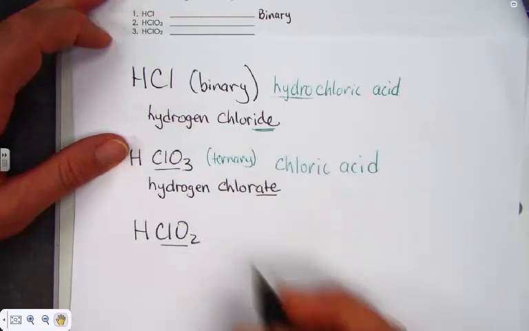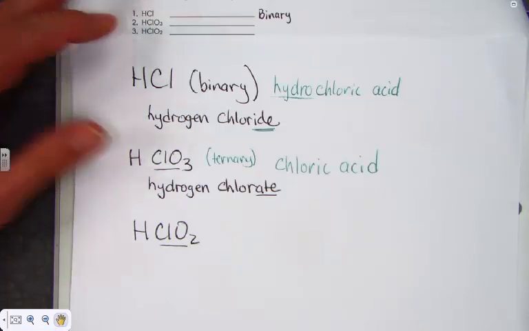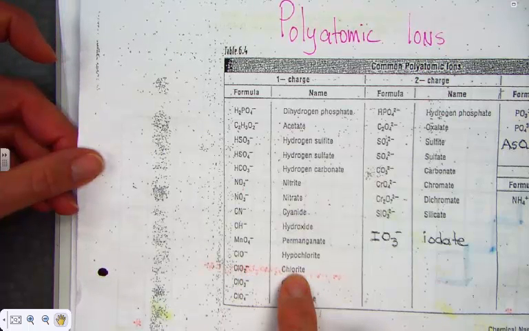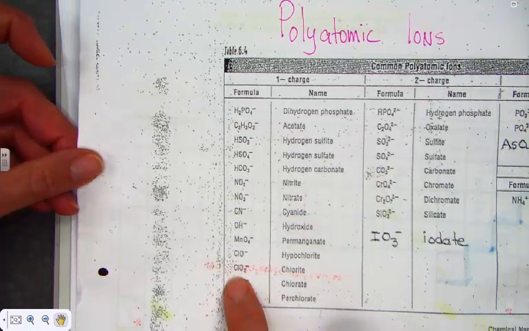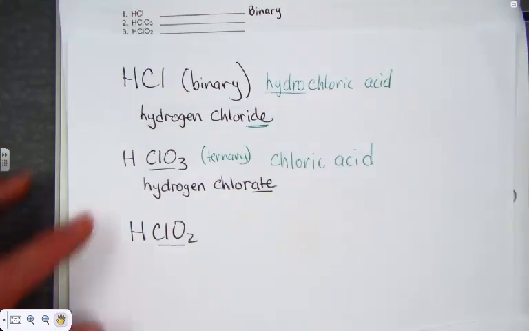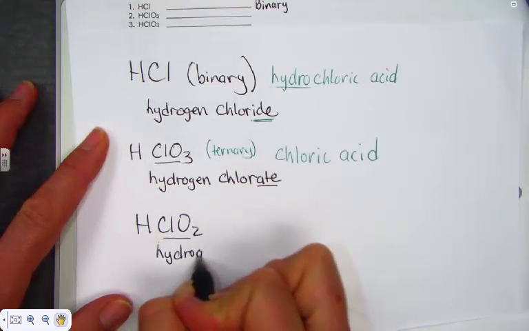Acids start with H. How we name acids all goes by the negative ion. ClO2 is a polyatomic ion called chlorite. ClO2 -1, chlorite. We would have named this hydrogen chlorite.